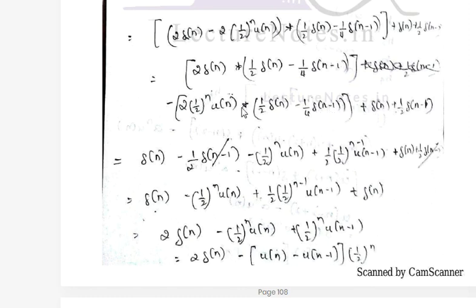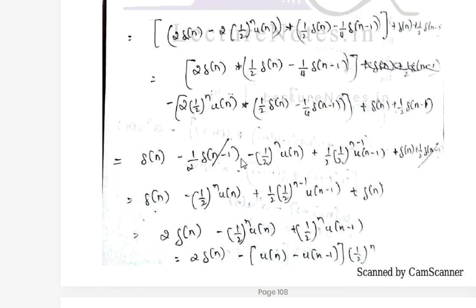So by the time shift property, this half raised to n u of n convoluted with del of n minus 1 will make it half raised to n minus 1 u of n minus 1, plus del of n plus 1 by 2 del of n minus 1.